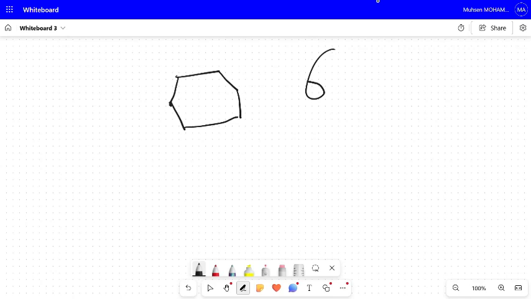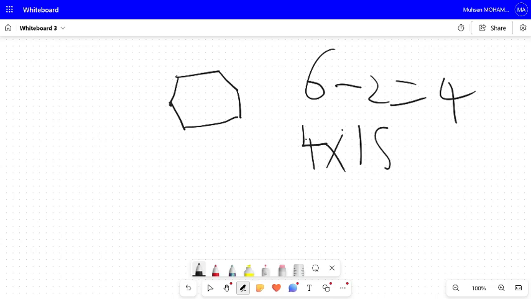This means 6 minus 2 equals 4. And then 4 times 180 is equal to 720. This means that the sum of the interior angles of this hexagon is 720, and the exterior angles will always equal 360.